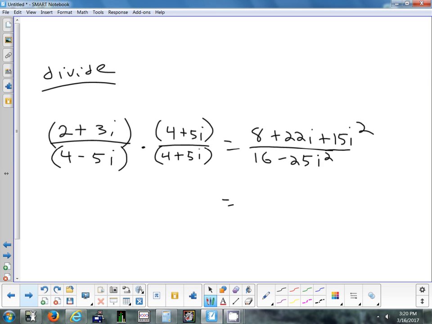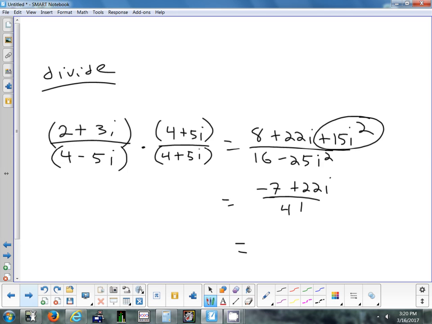There's a whole bunch of stuff we've got to do with this. At the bottom, Dave said that it becomes plus 25, because i squared is negative 1. Now in the top, what does this become? It's really a negative 15. So what's 8 combined with a negative 15? That's a negative 7 plus 22i.